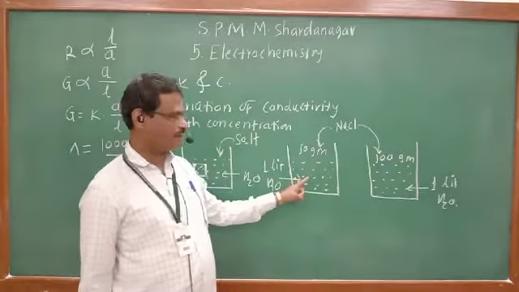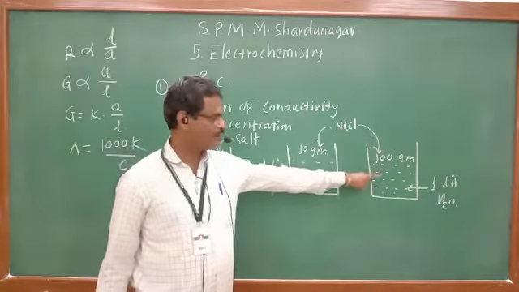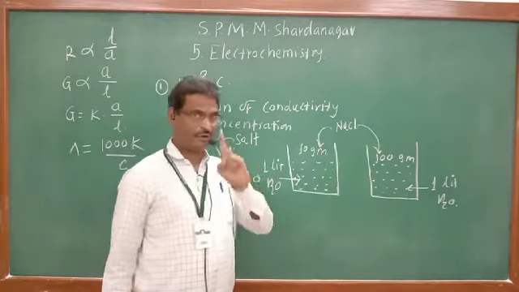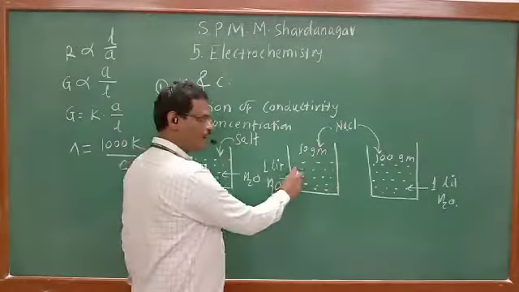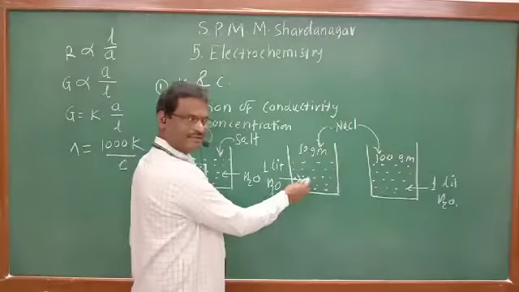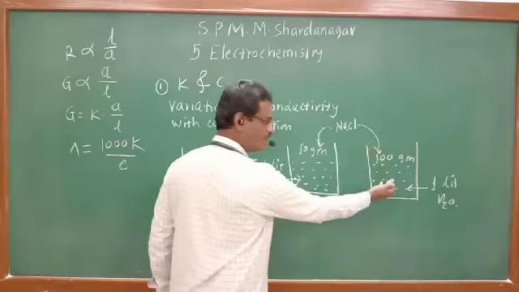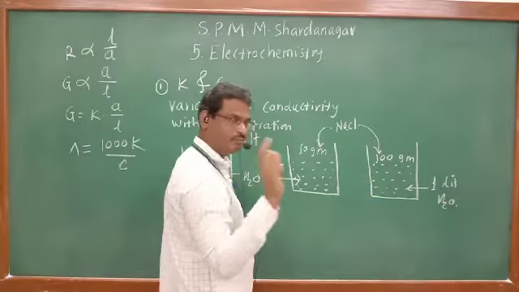In the first beaker, 10 gram NaCl is added, and in the second beaker, 100 gram NaCl is added. So what happened? Over here, number of Na plus and Cl minus ions is less. And in the second case, number of Na plus and Cl minus ions is more.